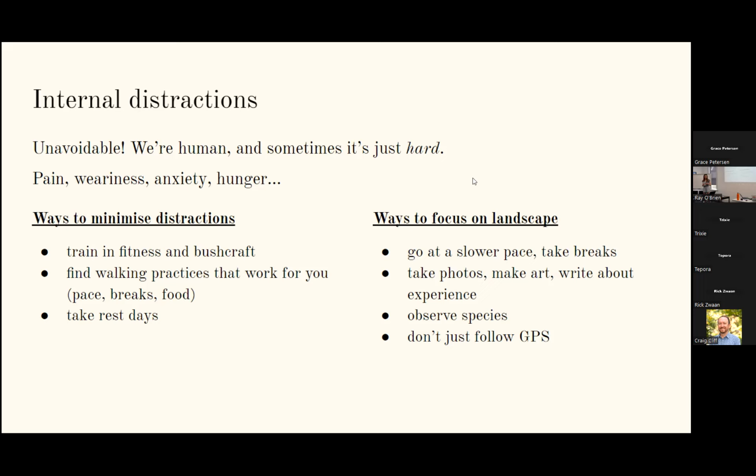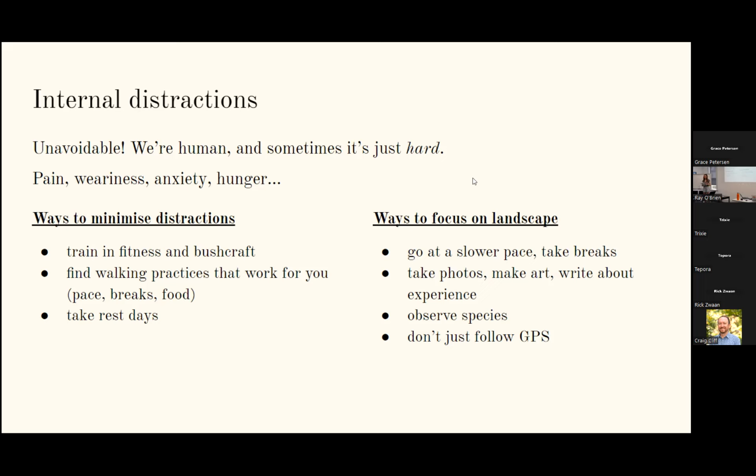However, I looked at different ways that people dealt with this or approached it, and noted that there were some things that helped. If you were up to the task a bit more, if you've done training, you probably won't get so bothered by pain, discomfort, say blisters, and also the bugbear of fear. If you have more confidence, say with river crossings, then that won't be taking over your mind so much.